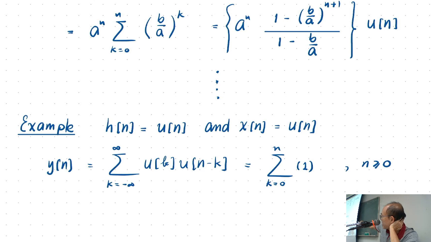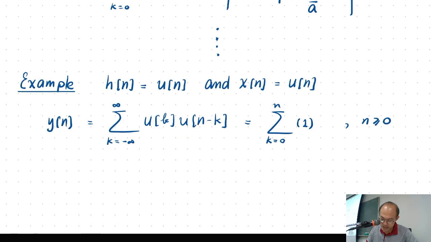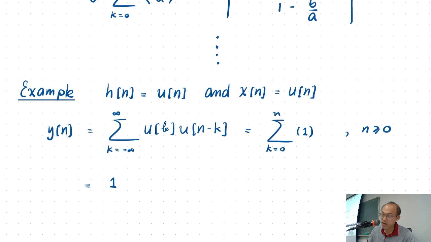How many times you have to add 1? How many ones are there in the summation? n plus 1 number of ones, right? So this is when k is 0, when k is 1, when k is 2, until when k is n.